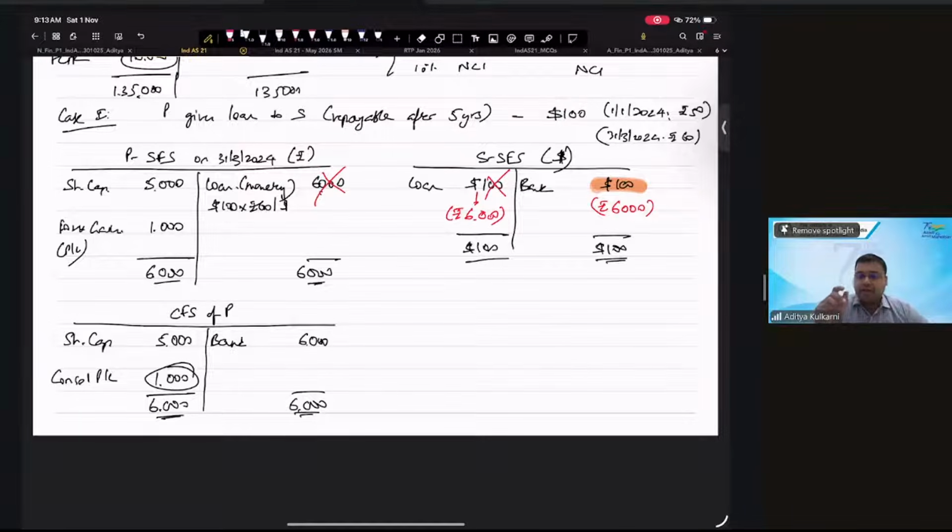Yes. And why should it appear? Because, sir, it's a separate item, it's an income. But so what? It is only part of my subsidiary. And when I'm consolidating, parent and subsidiary together I combine. So why should that 1,000 come into the picture?